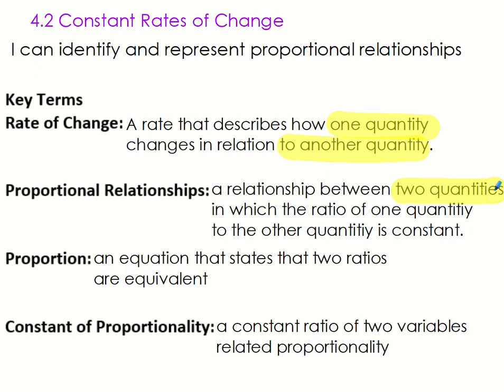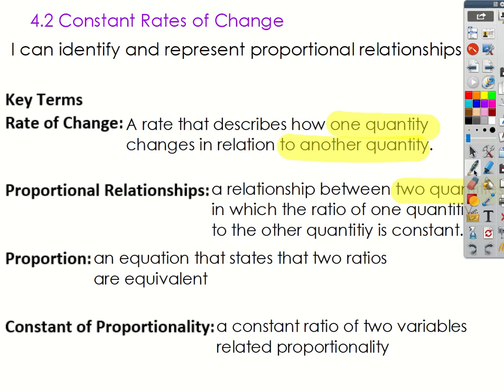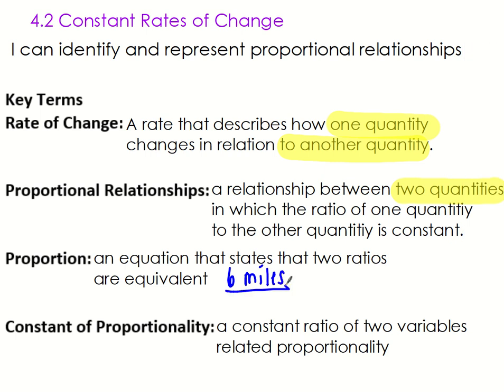Then we have a proportion, which is an equation that states that two ratios are equivalent, okay? So I'm going to give you an example here to where it might tie it together. So let's talk about if I write 6 miles in 2 hours. So again, this is a rate because it's talking about two different quantities. We were talking about miles per hour.